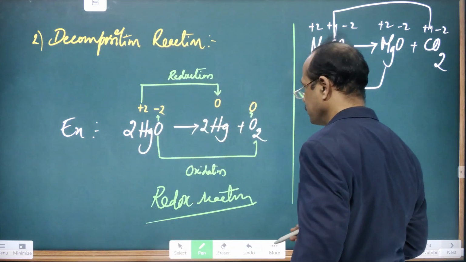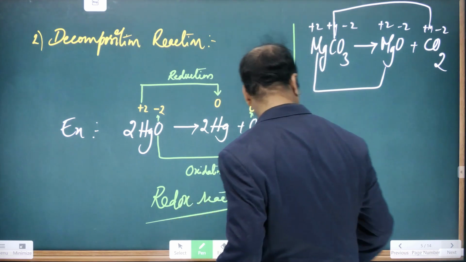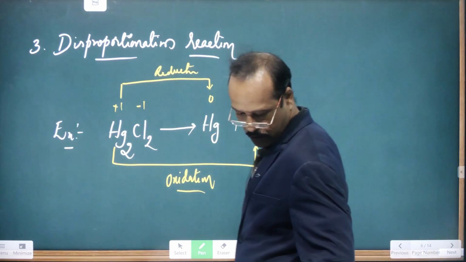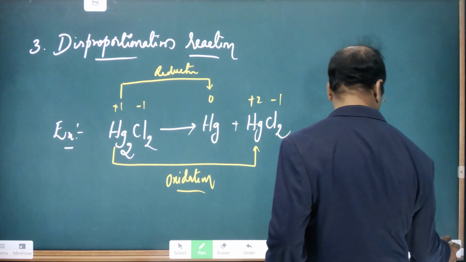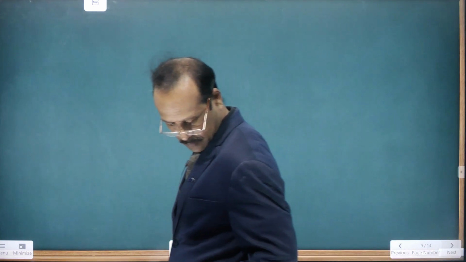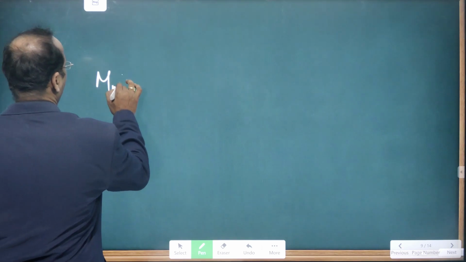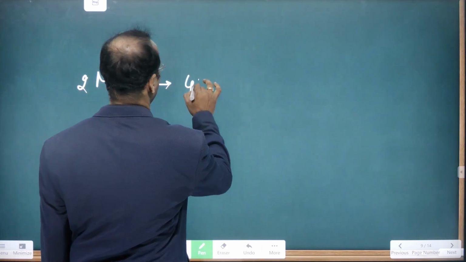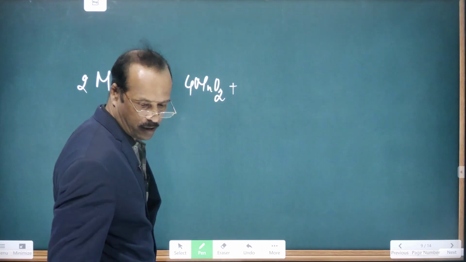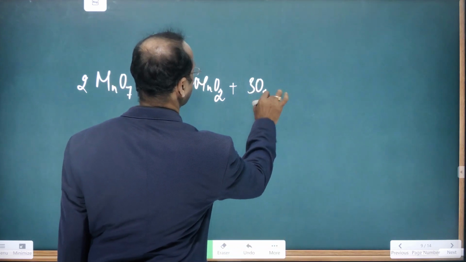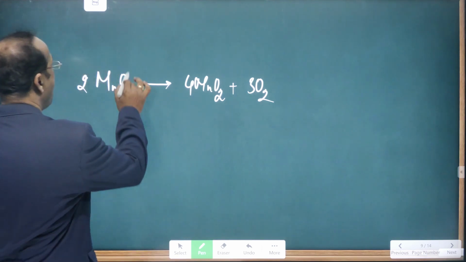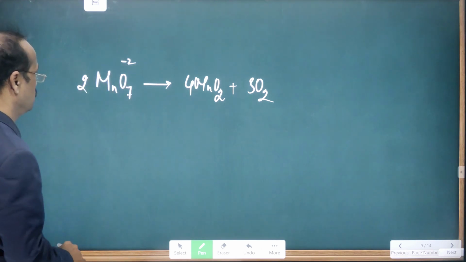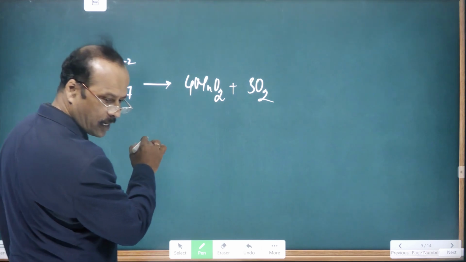Here we can give an example like this: Mn2O7 decomposes into MnO2, manganese dioxide, and oxygen.